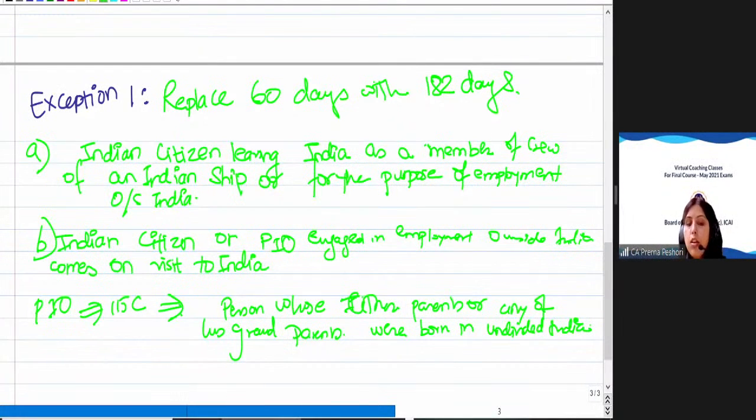Clear? So, a person of Indian origin if his parent or any of his grandparents were born in undivided India.